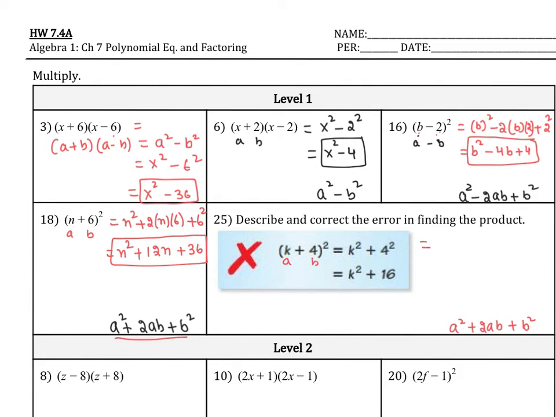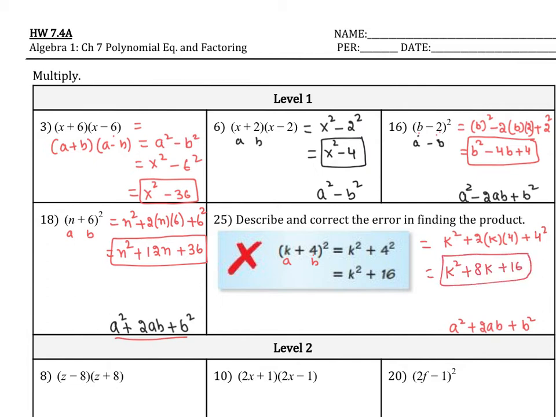So we should have here a², which is k², plus 2 times k times 4, plus b², which means plus 4², and when you rewrite it is k² + 8k + 16.